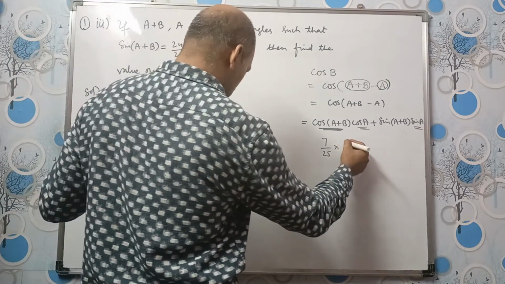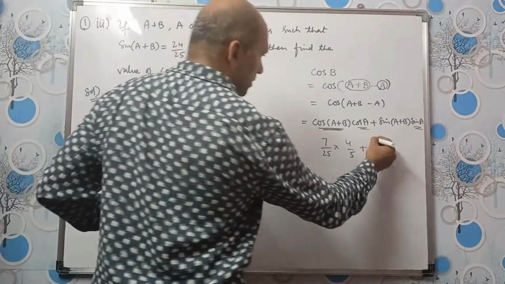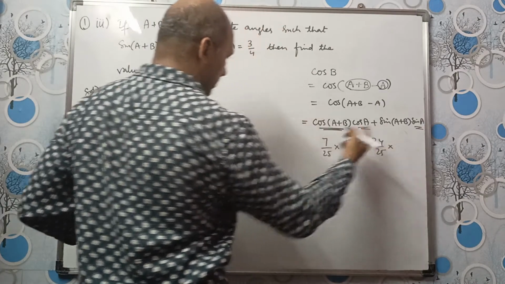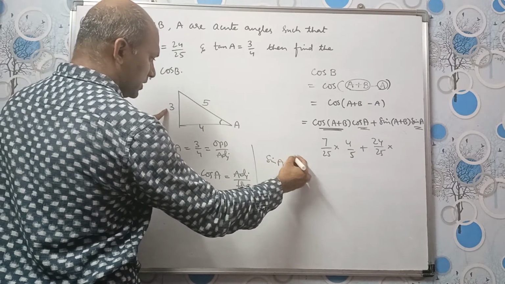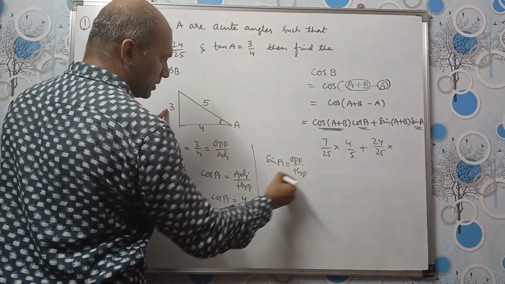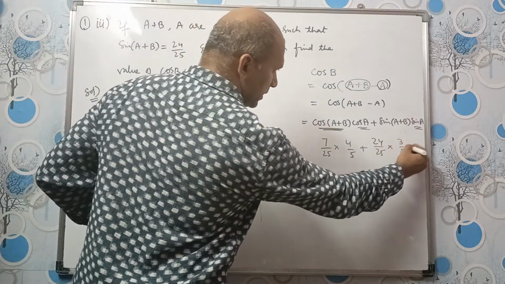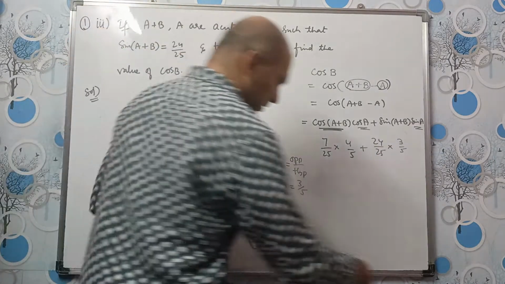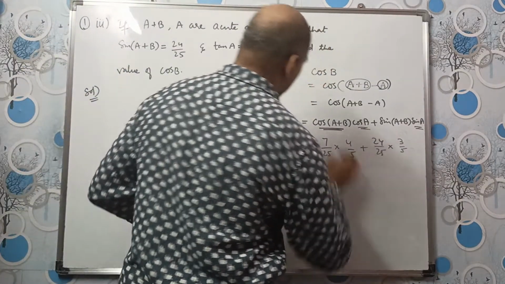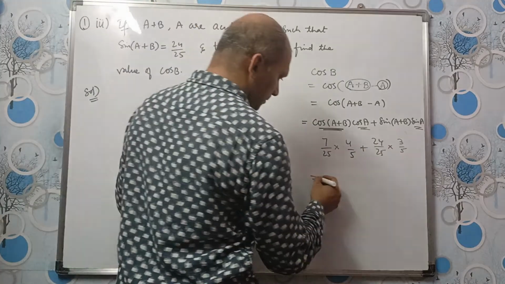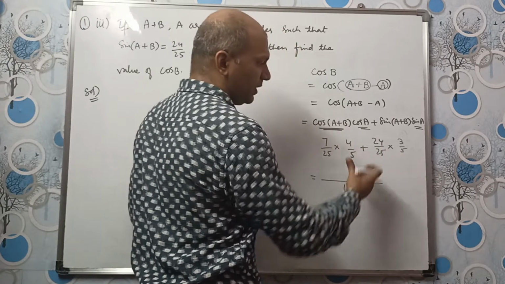Okay. So cos A is 4 by 5 plus sin A plus B is given to us, 24 by 25 multiplied by sin A. Let us find sin A from here. Sin A is opposite by hypotenuse. So sin A will be 3 by 5. So this is 3 by 5. Okay. Now we need to simplify. We'll get the value of cos B. Okay. 25 into 5 is 125, and here also we'll have 125, right?